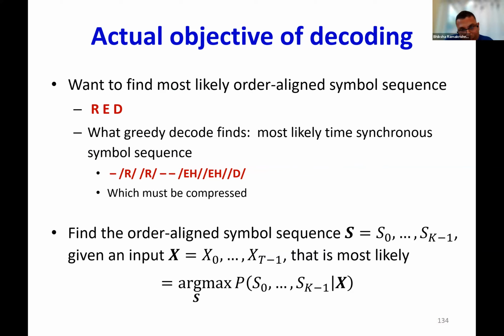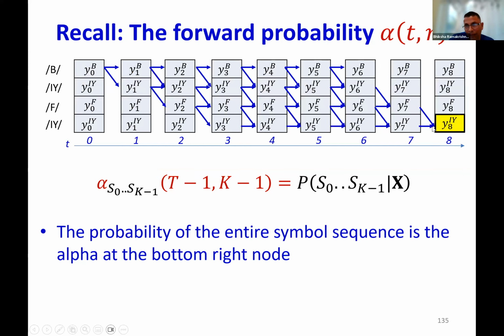But in reality, going back to our previous example, we want to find the symbol sequence which has the highest probability across all alignments, right? And what is the total probability of a symbol sequence across all alignments? That is the alpha right here.